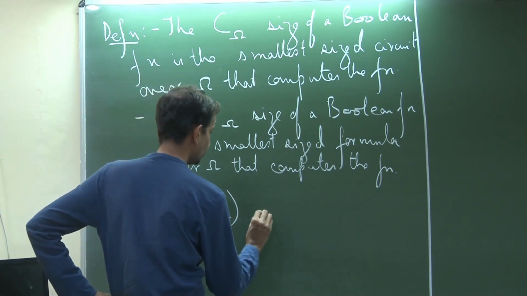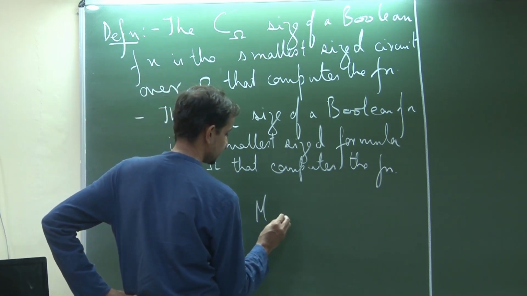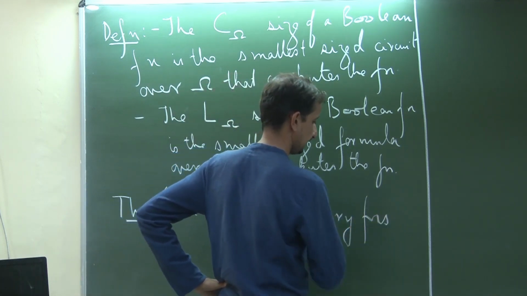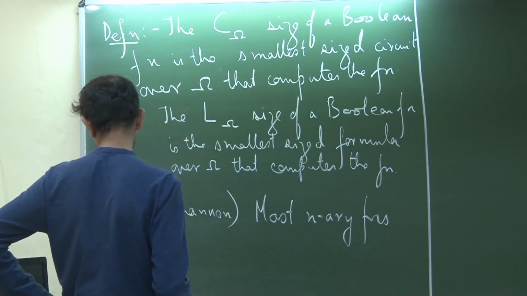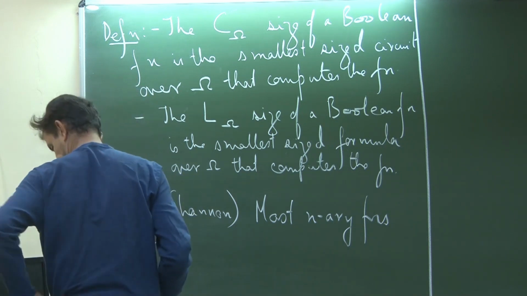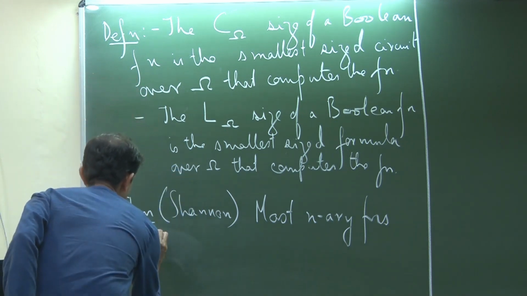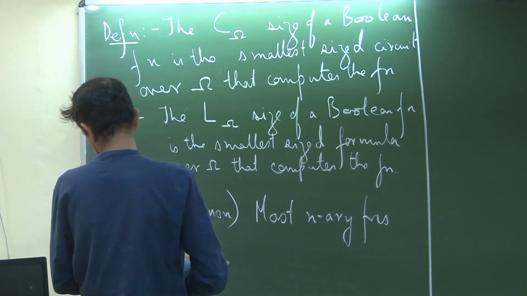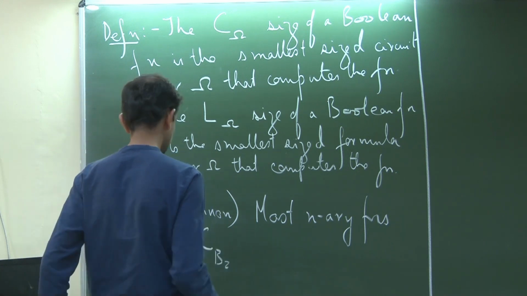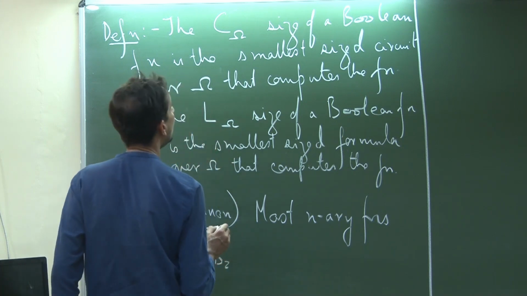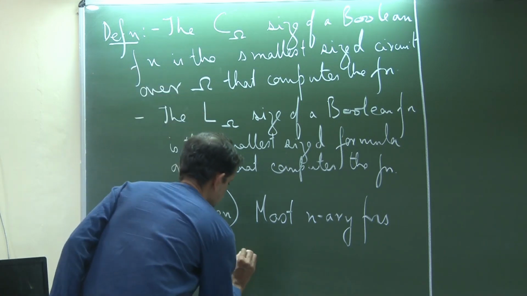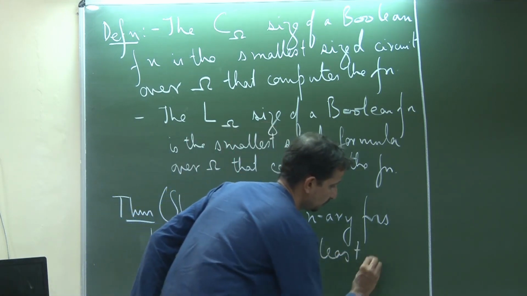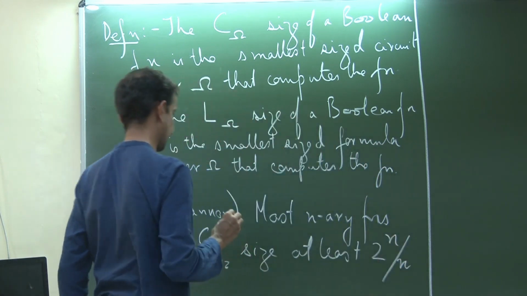What he showed is that most functions over n variables, most n-ary functions, have C B2 size at least 2 to the power n over n, for sufficiently large n.